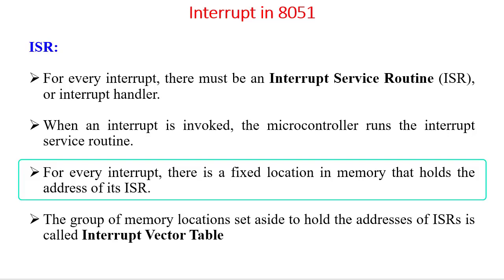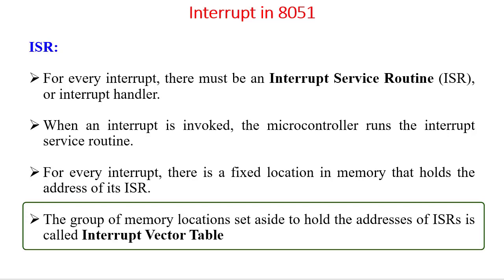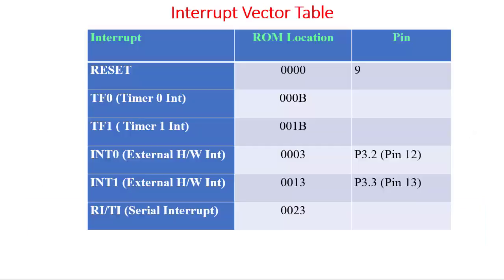The group of memory locations set aside to hold the address of ISRs is called the interrupt vector table. It means the starting memory location for a particular interrupt service routine is written into the interrupt vector table. See, this is the interrupt vector table. These are different interrupts and these are the memory locations.